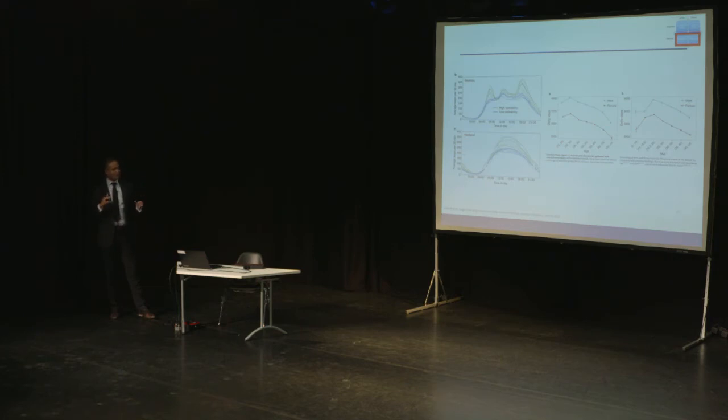They then looked at some subgroup analyses, and there's some quite obvious things here in terms of if you look at step counts during the week, you see the peaks in the morning when people are going to work and in the evening when they're leaving, but at weekends you get much more of a steady plateau. The other interesting thing I thought that they looked at in the study was the step count by gender, and maybe some of you in the audience have explanations for this, but I didn't really see why men do more steps than women.